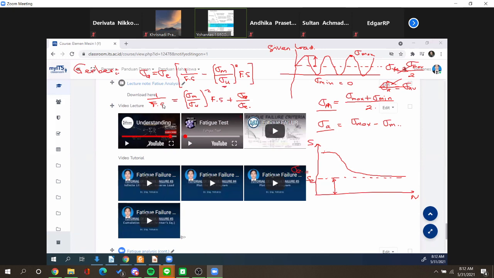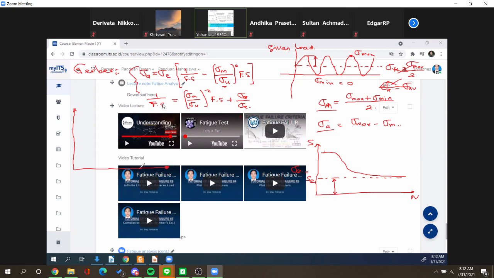Okay, and now we want to plot, if we use this equation to plot the graphic, where the horizontal axis is the static failure of the material.